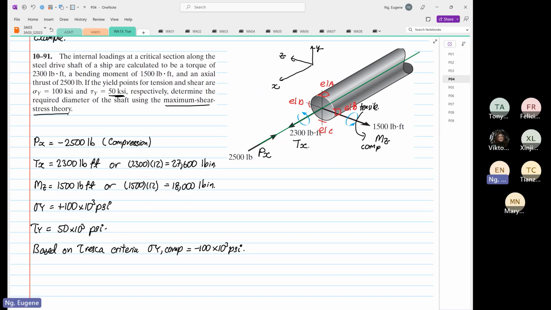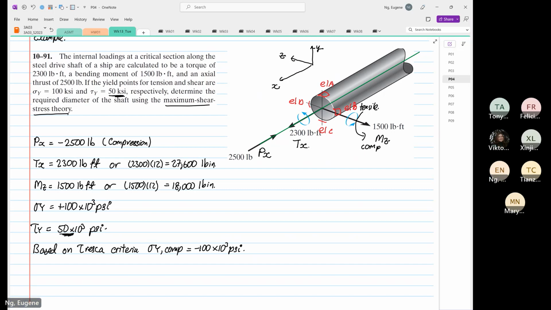Right. So we also are given that our shear stress is 50. Okay, so that's a good thing. If we're not given, just take the 100 divided by 2. We also will get 50. Okay, so this is the information that we know now.